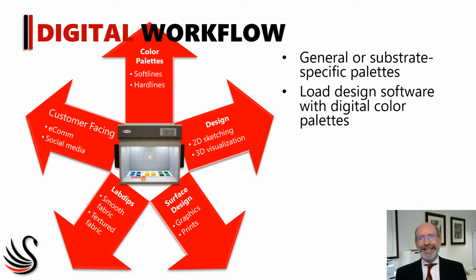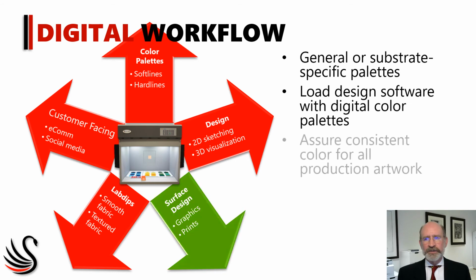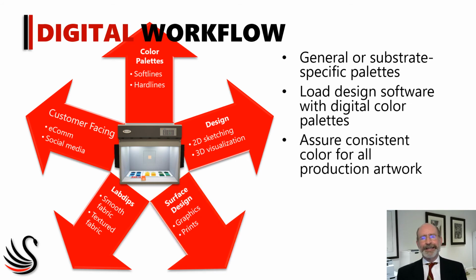Then we load that color data, that digital data, into our color software so that we have one version, one definition of that color that feeds all the developers. That allows us to produce consistent artwork for production, whether it's for graphics and screen printing or full width printing or embroideries and other assets that are added to the garments.